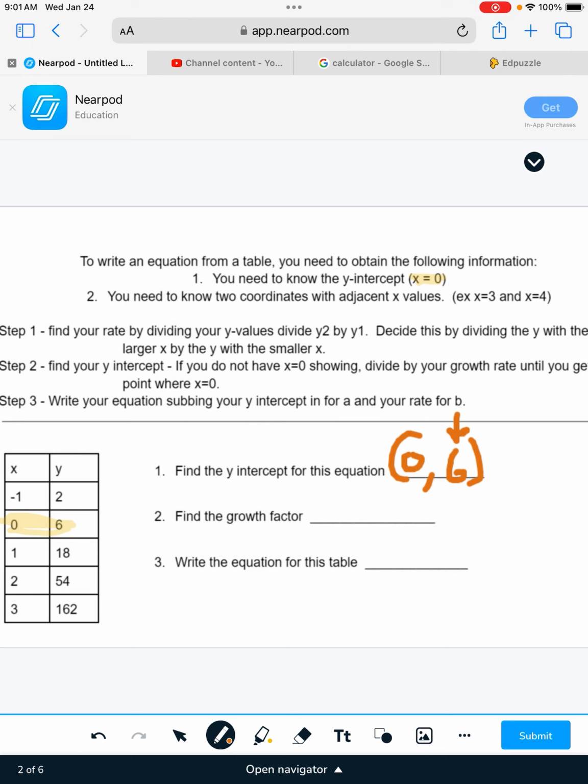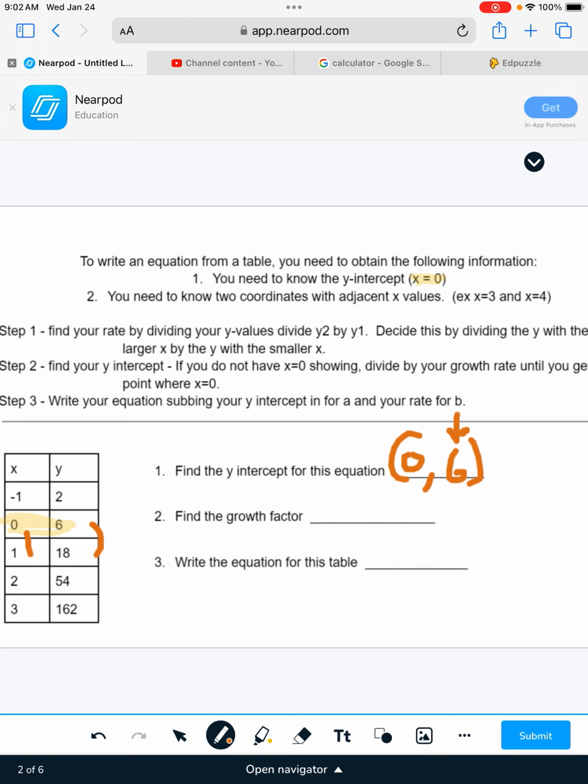Next, I need to be able to find the growth factor. I get to divide my y values, and I'm dividing y2 by y1. What I mean by that is I'm finding two numbers that are immediately adjacent to each other on the x and the y here. Like, for example, 1 and 0. When I look at that, I see that these x's are immediately next to each other. 1 and 0 are next to each other.